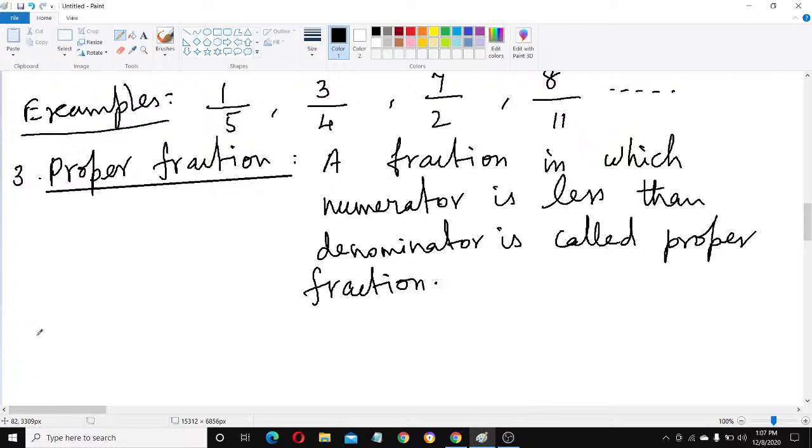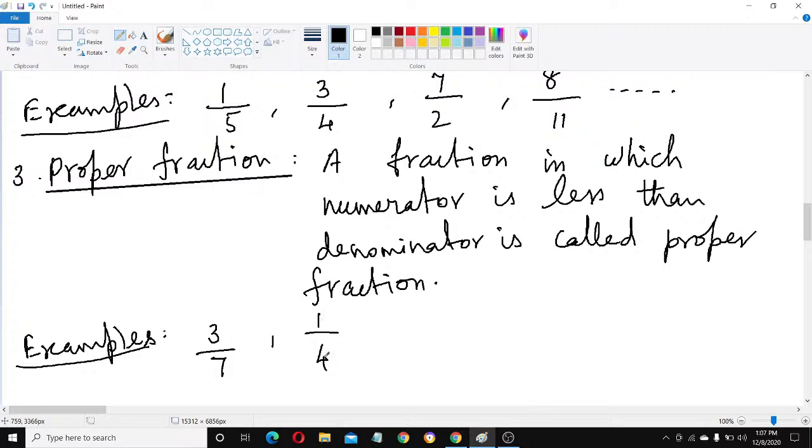Now I will write the example. You can write your own example for the proper fraction. 3 by 7. In 3 by 7, numerator 3 is less than denominator 7. 1 by 4.